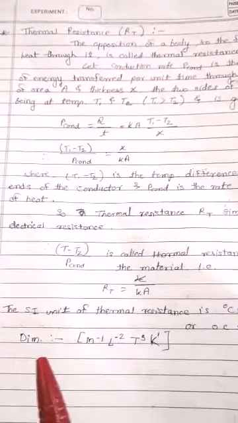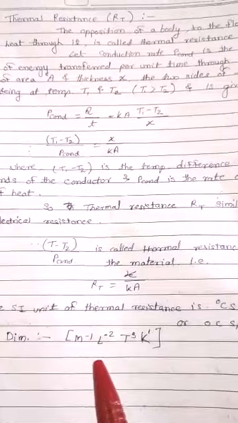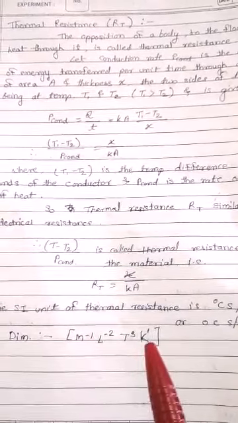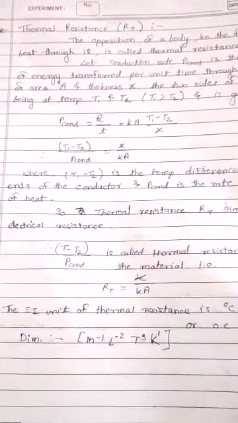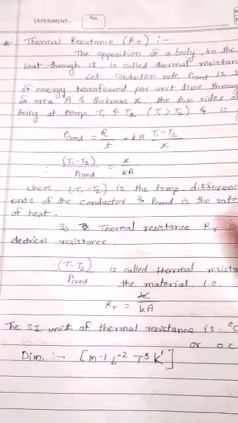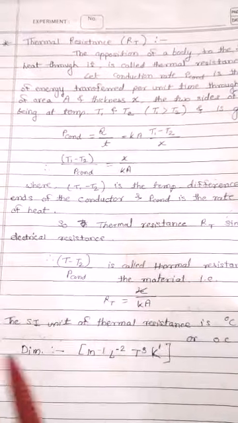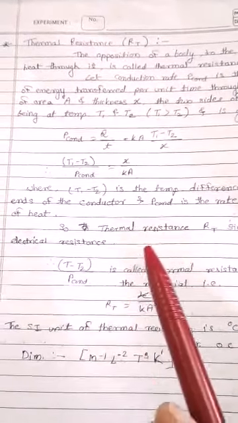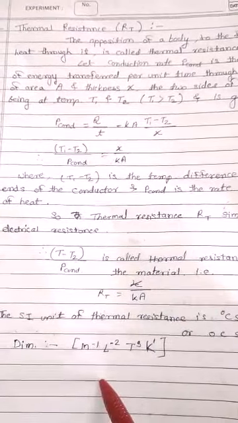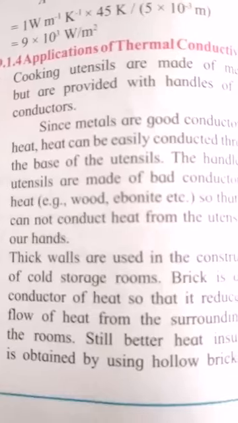The dimension is M to the minus 1, L to the minus 2, T cubed and K to the 1. So thermal resistance is analogous in all terms to electrical resistance, where the formula is R is equal to V upon I.